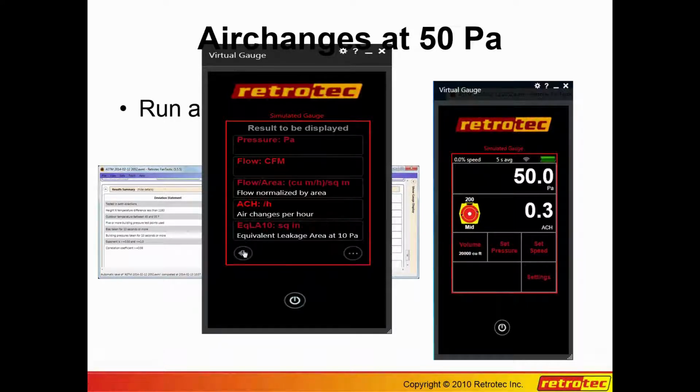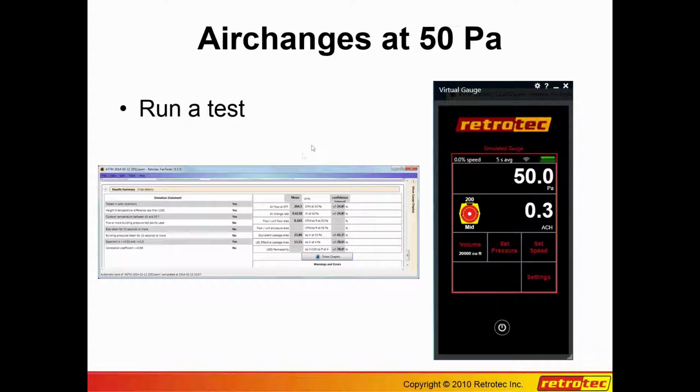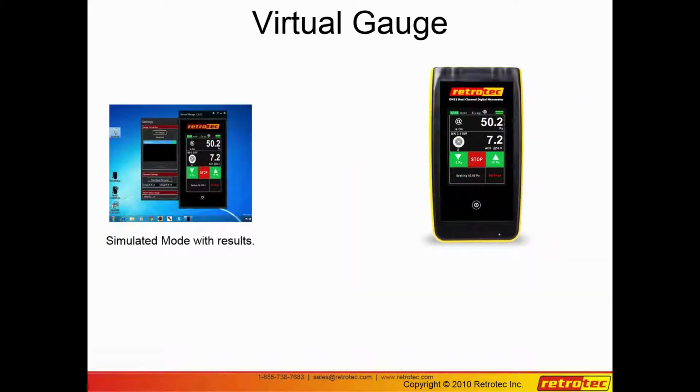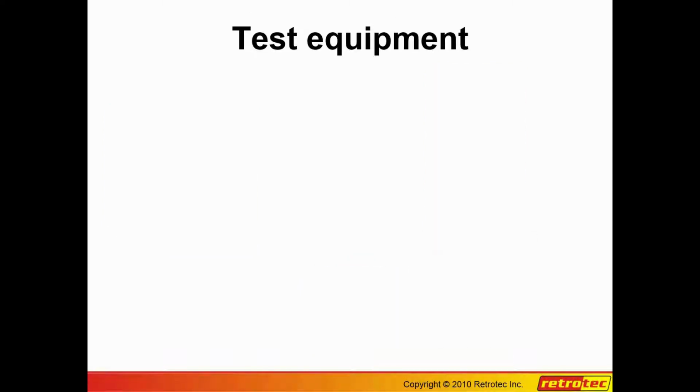We change units to air changes, we put in the volume, and it reads out in air changes. Simple as that. And there's the virtual gauge. It's a great little learning tool. It's a free download from our website. Okay, I'm going to get into measuring volume in a minute.